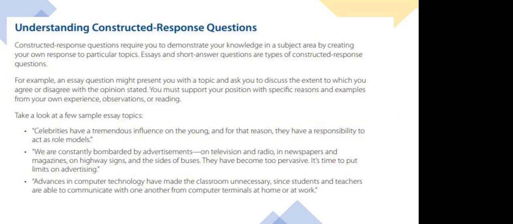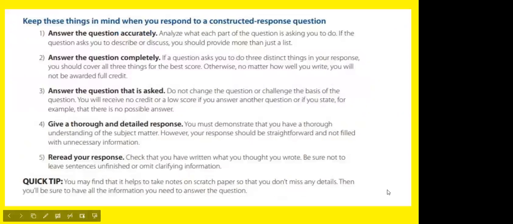You are to refer to those documents that they provide you with. So hopefully you will pace yourself accordingly. It is worth 25%, and you will have 3 constructed response questions on the test. All right, I think number 2 on this slide is one of the most important points.